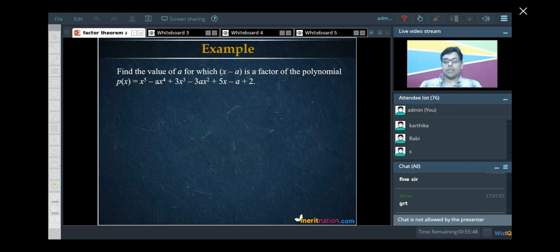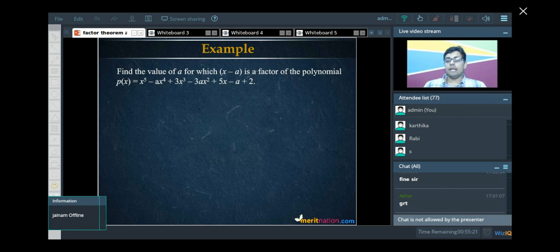Next example in front of us, find the value of a for which x minus a is a factor of the polynomial p(x) equals x to the power 5 minus a x to the power 4 plus 3x cube minus 3x square plus 5x minus a plus 2.